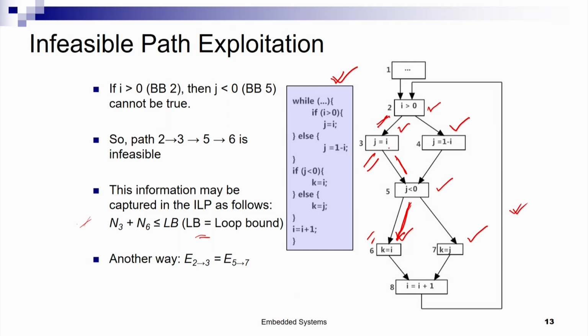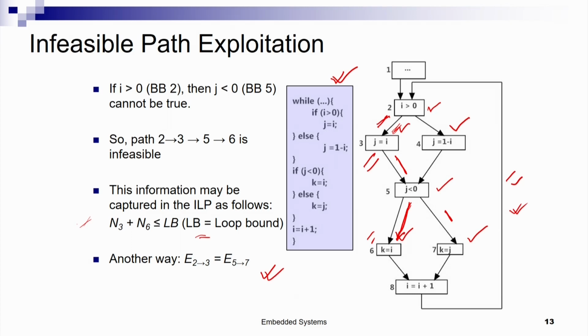So, if you have a loop bound here, the number of times basic block 3 executes plus the number of times basic block 6 executes, this summation will be less than the loop bound. Another way to look at it is through the flow constraints here, that E23 equals E57. So, whenever this path is taken, that I greater than 0 is true, you make j equals I.